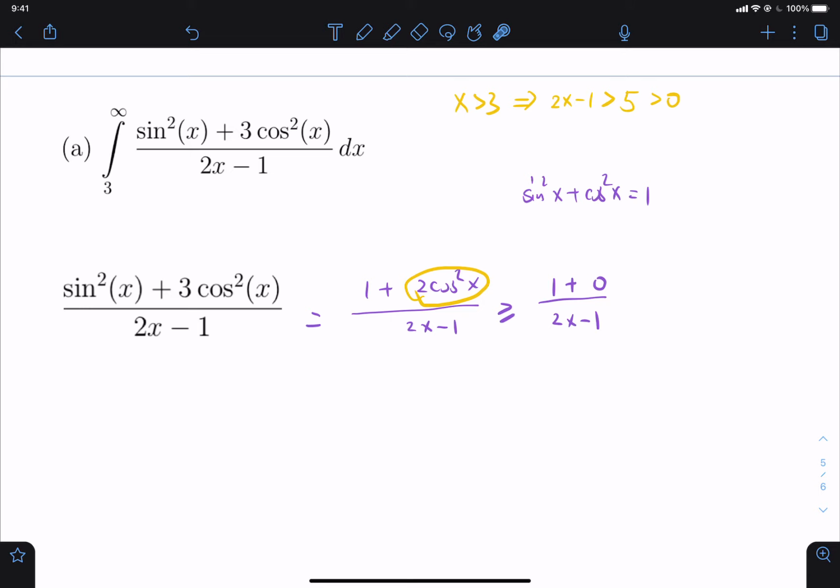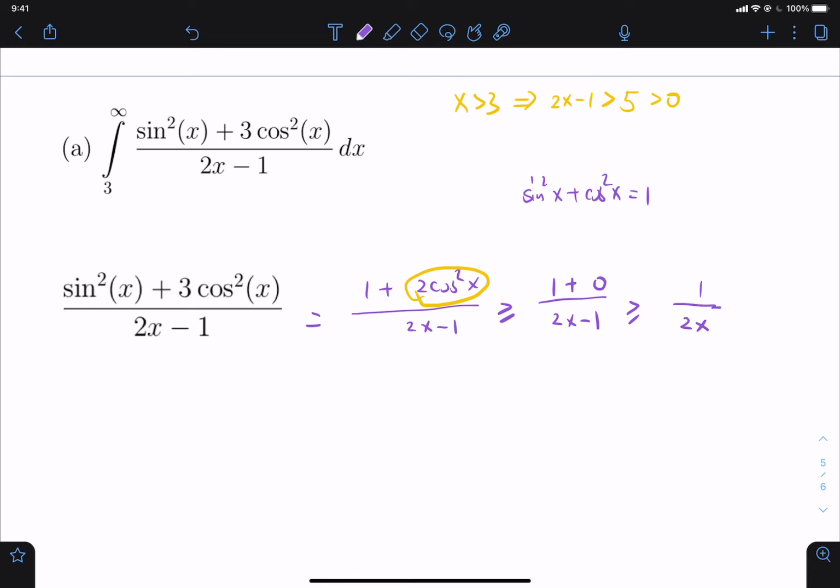And we know that for positive fractions, the smaller the denominator is, the greater the function is, right? So if the denominator becomes greater, the whole function becomes less. So this chain of inequalities continues. So this is 1 divided by 2 divided by x. Right? And we clearly know that this is a divergent thing by the p-test. Right?